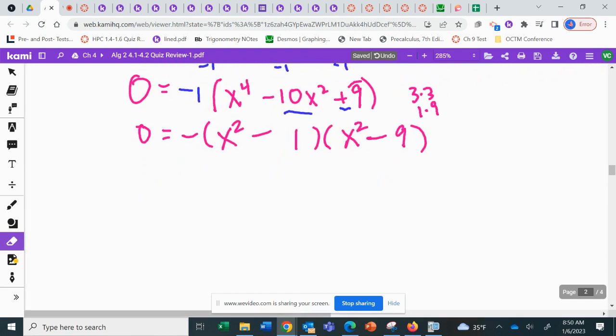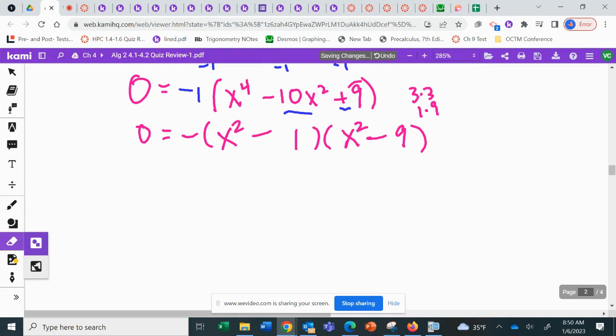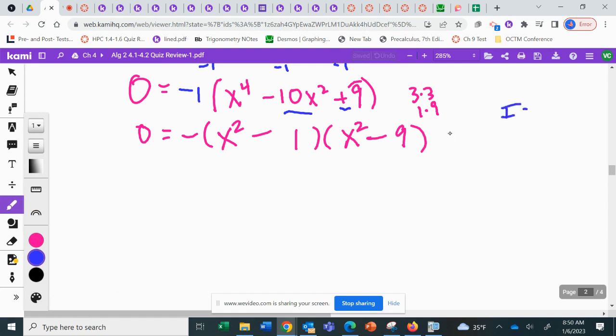Now, if this is not a power of 1, we check to see if we can go further. The factoring for 2 terms, is it subtraction? Is this subtraction? Yes. Perfect squares.